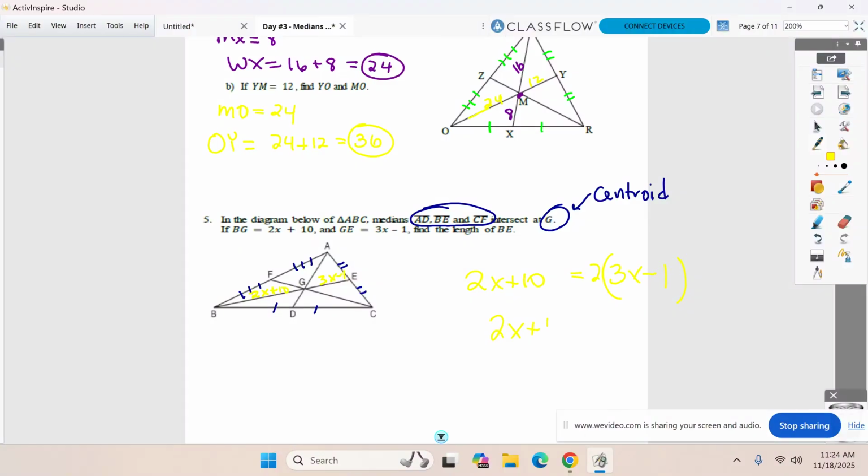X doesn't make you a winner. I'm looking for BE here. Looking for BE. Bigger part. Yeah, you double the time.